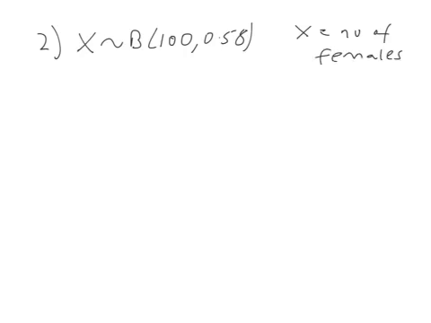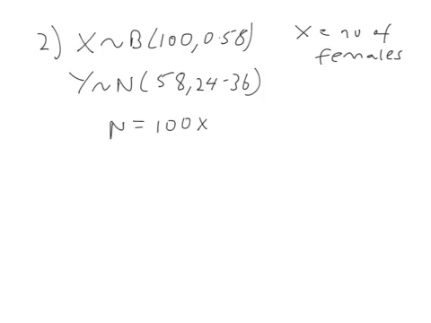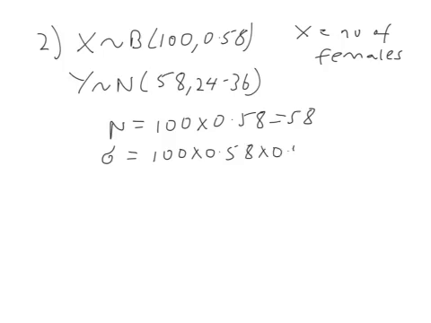So therefore we can approximate by saying y is a normal distribution, and the numbers work out to be 58 and 24.36. Why is that? That's because the mean is 100 times 0.58, which is 58, and the variance is 100 times 0.58 times 0.42, which works out to be 24.36.